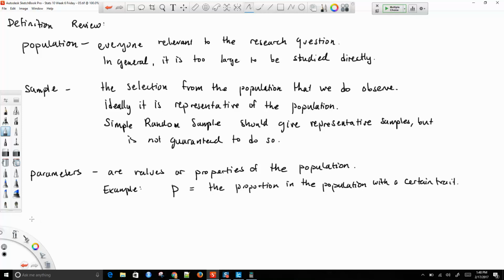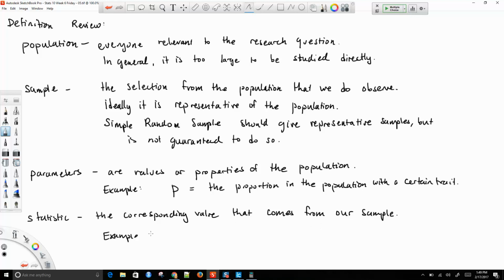And then the corresponding thing from our sample is our statistic. This is the corresponding value that comes from our sample. So in our example, we have p hat. So this is the proportion in our sample with that trait.